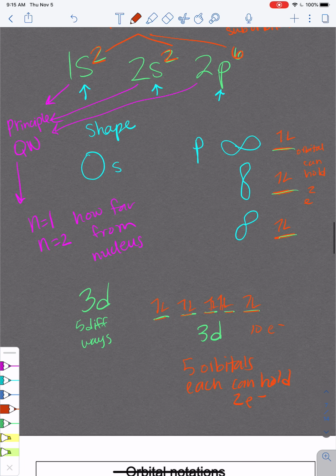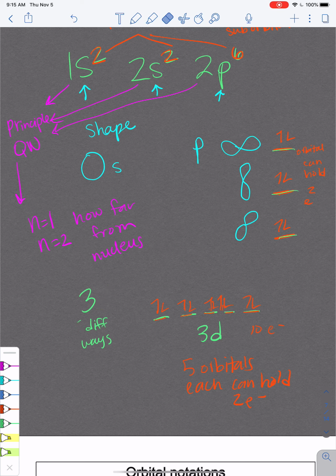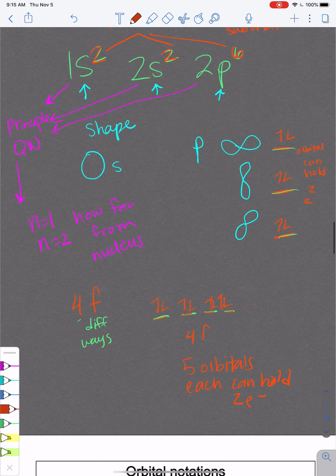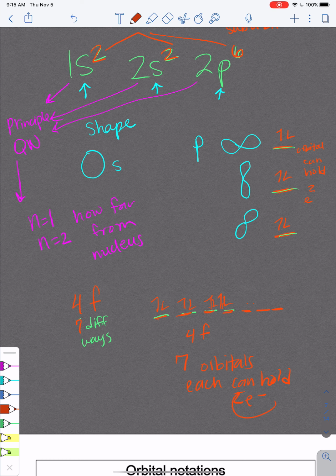For the f orbital, if I change this from a d orbital to the 4f orbital, well, the 4f orbital has 7, so 1, 2, 3, 4, 5, 6, 7 different orbitals. And again, each of them can hold 2 electrons. Let me show you the order that we draw them.